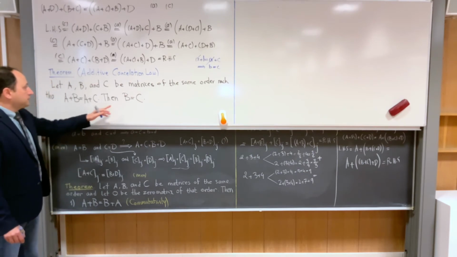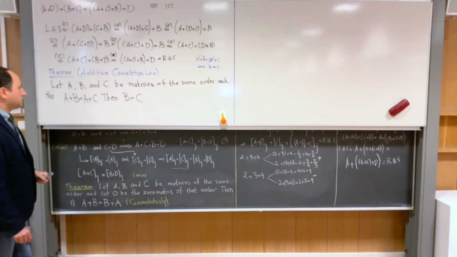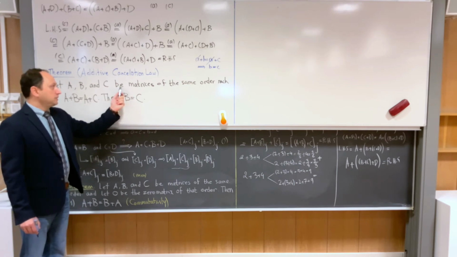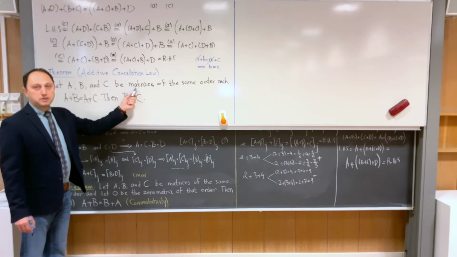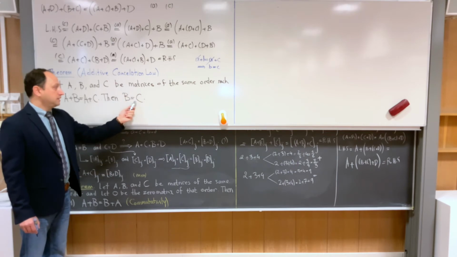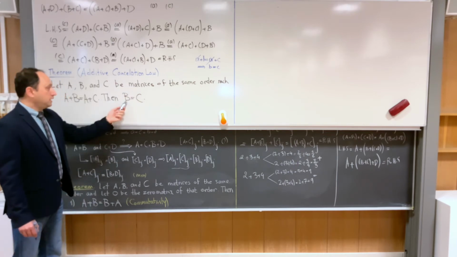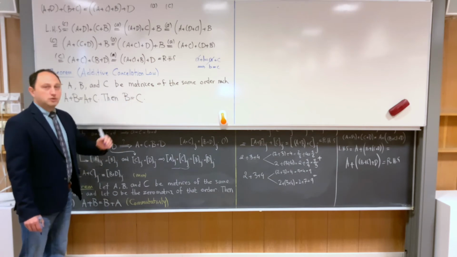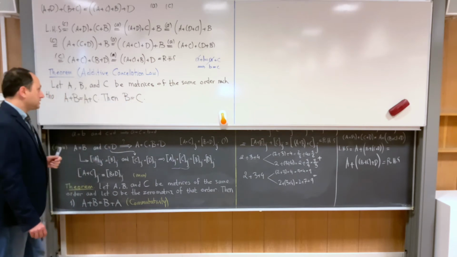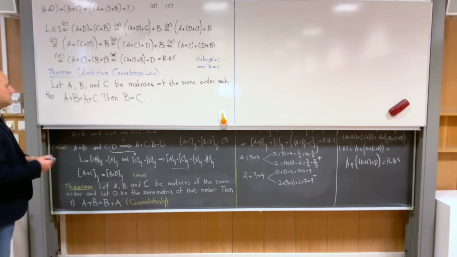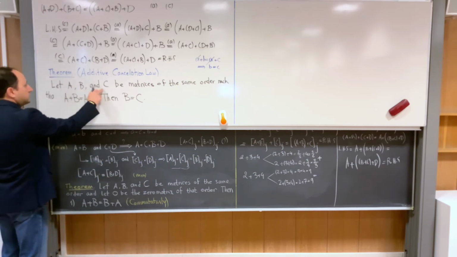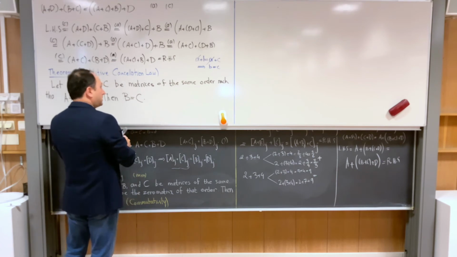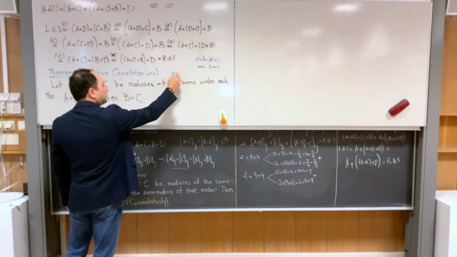My goal is to prove that B is equal to C. So I need to show that they are of the same order, but there is nothing to do because it is one of the assumptions in the theorem itself that these are of the same order. So what I need to do is to show that any element of B is equal to the corresponding element of C. So for definiteness, let me just take these matrices to be m by n matrices, yes?